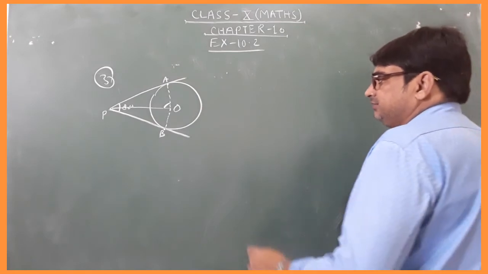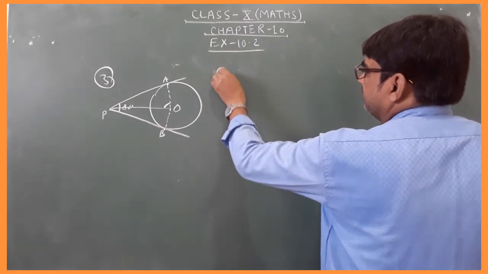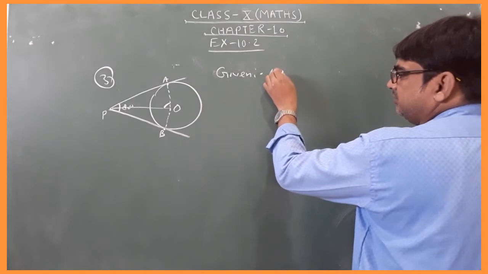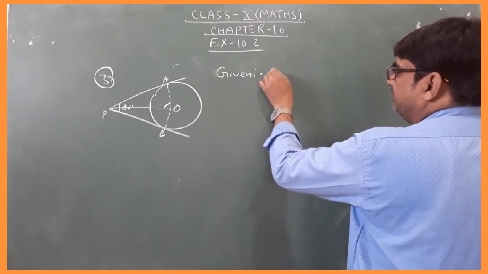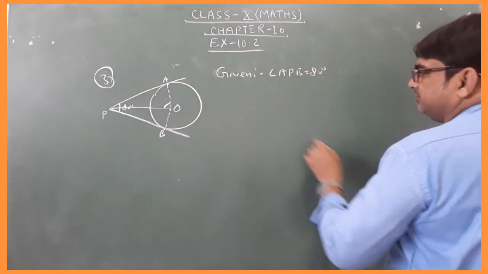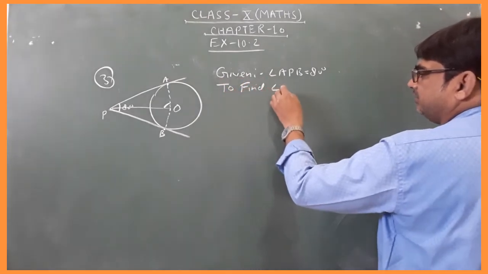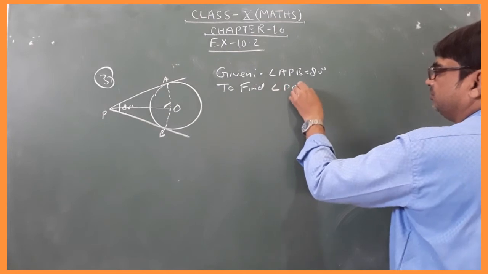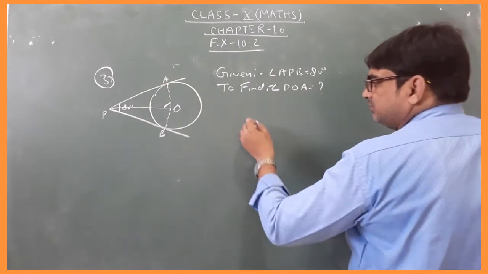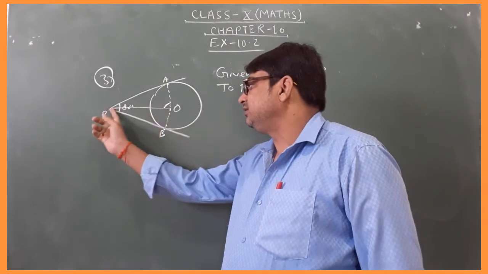The student, एंगल गिवन है, given angle APB is equal to 80 degree. To find angle POA, ये फाइंड करना है. तो ऑलरेडी you know that this is the bisector line.